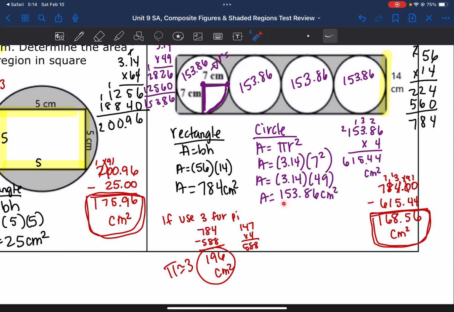So this one is actually going to be a little bit higher. Like the actual is going to be a little bit higher than using 3, okay? So here you're subtracting a little less versus over here when you do the actual 3.14. Does that make sense? I hope it does, okay?